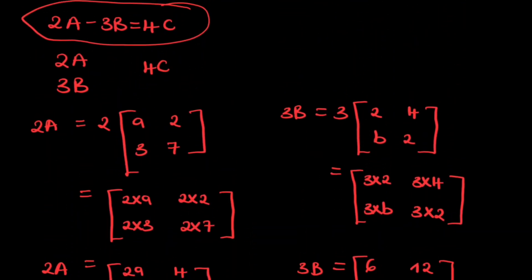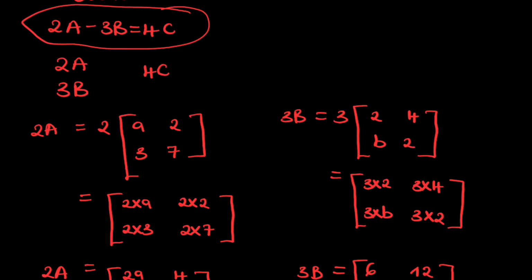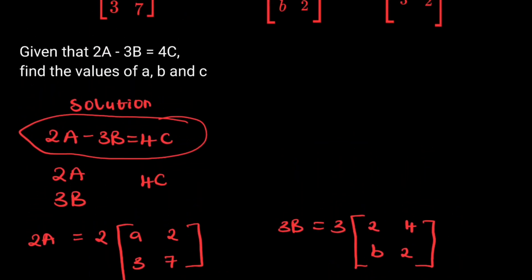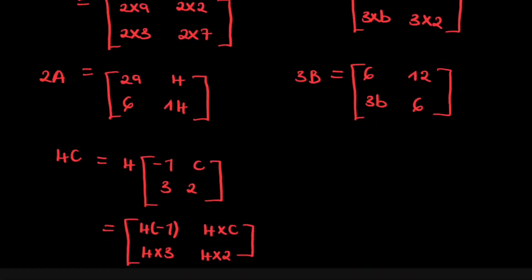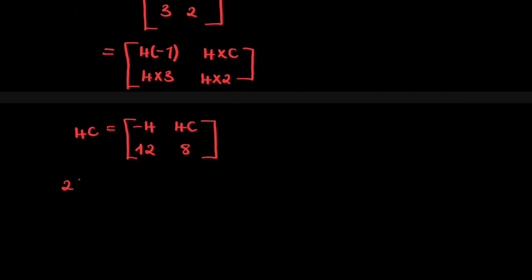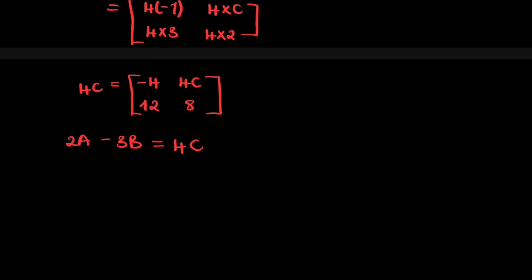Okay, so now that we have our 2a, 3b, and 4c, let's go back to the equation. We are asked to find the value of a, b, and c given this. So let me write that back. It is 2a minus 3b equal to 4c. But we are told that 2a minus 3b is equal to 4c.